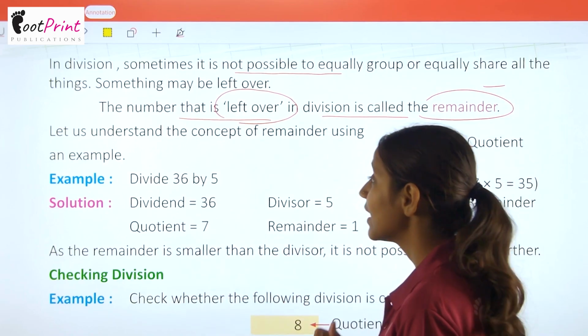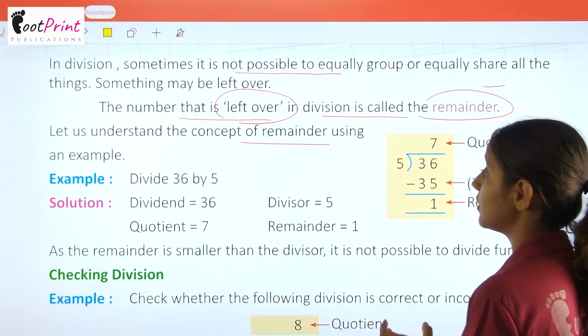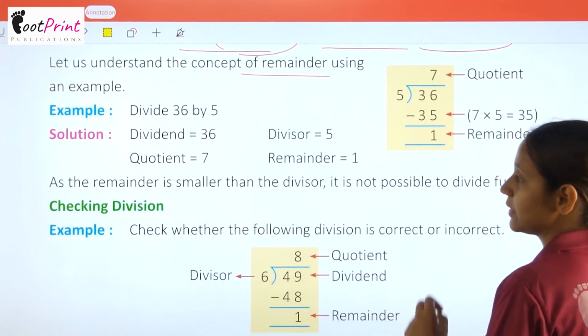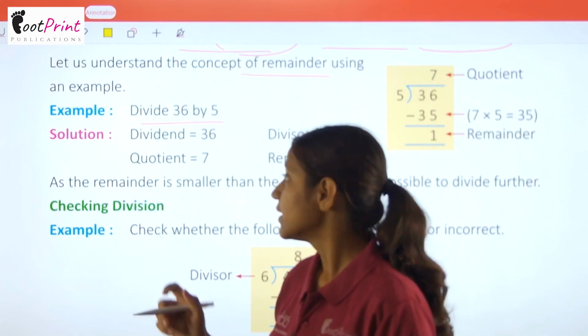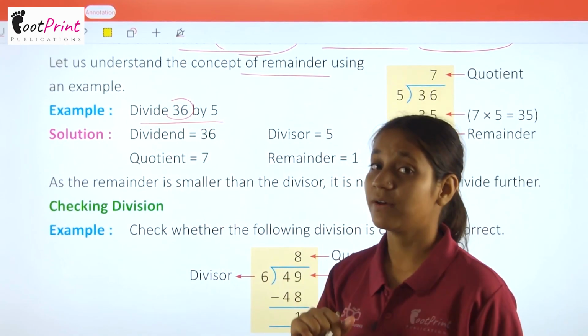Let us understand the concept of remainder using an example. Divide 36 by 5. So we know that 36 cannot be divided by 5 totally.